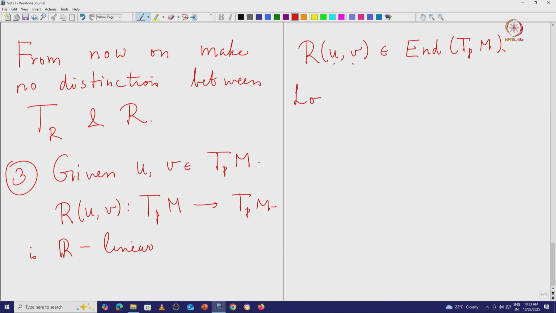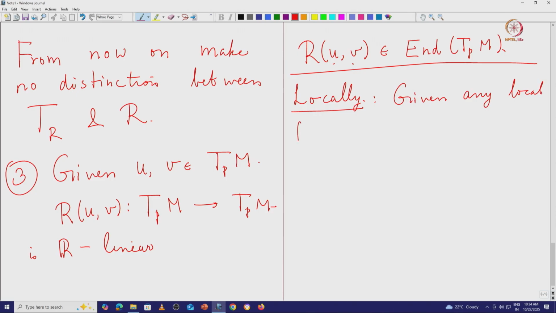Okay, so now this finishes our remarks, but now locally, because it's a 1,3 tensor, given any local frame, let's say E1 up to En, one can write R of Ei, Ej acting on Ek.